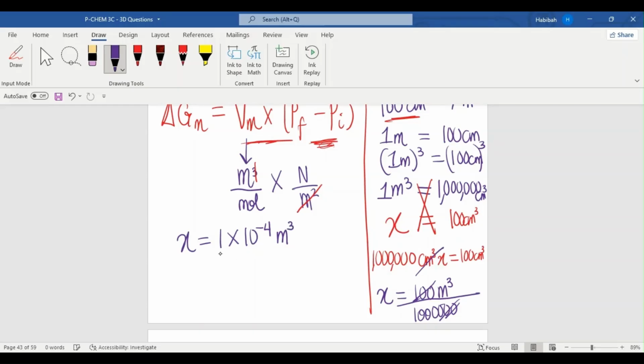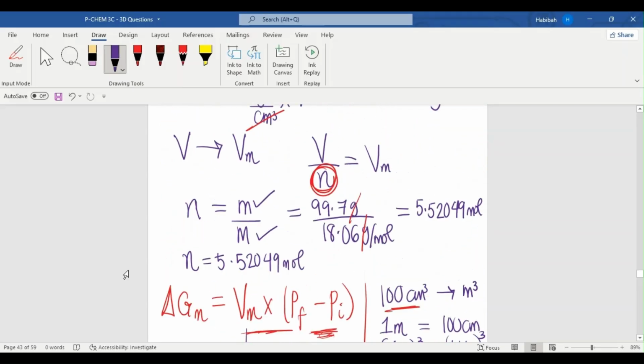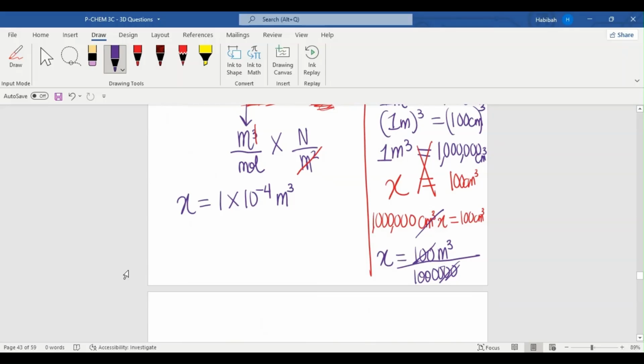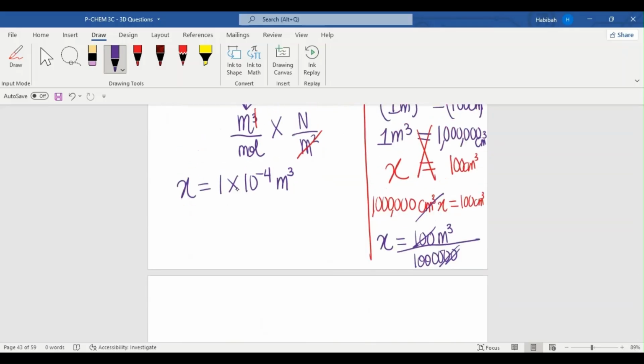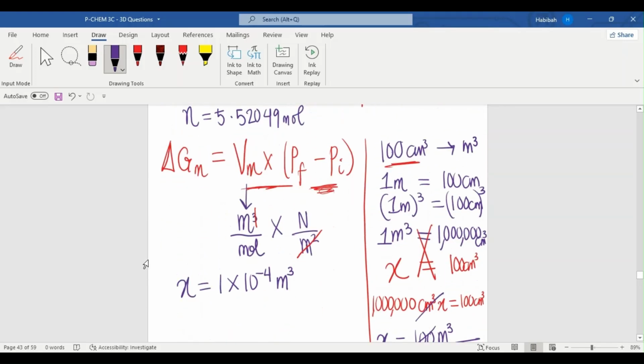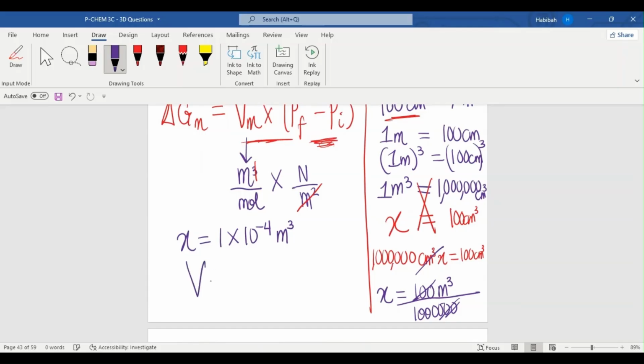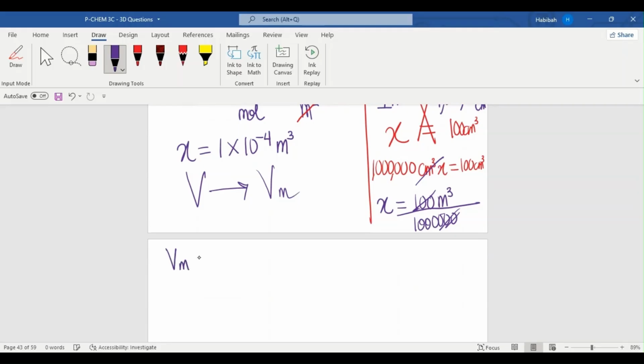Of course, we know that this can be divided by the number of moles. Basically, this is the volume, divided by the number of moles, because we're trying to go from volume to molar volume. So the molar volume is going to be volume divided by number of moles. That would be 1 times 10 raised to the power negative 4 meters cube divided by 5.52049 mole.